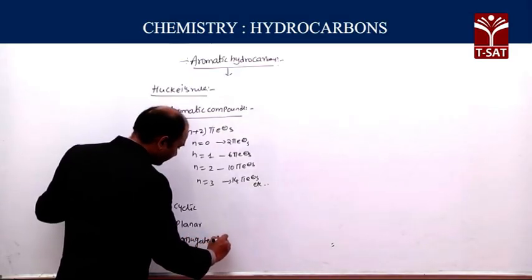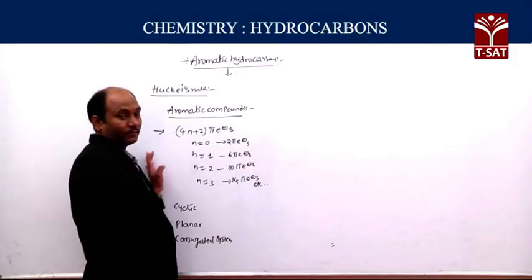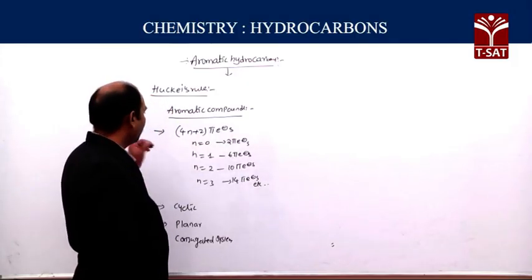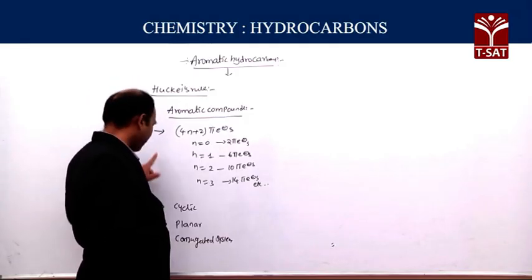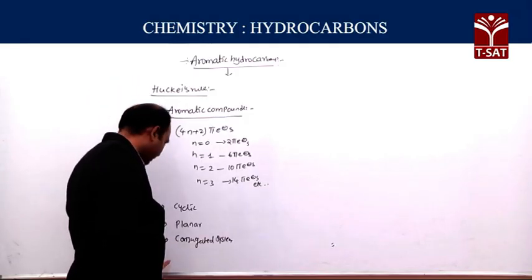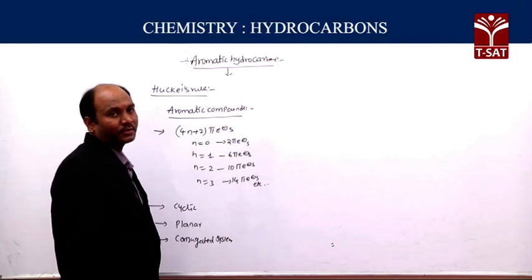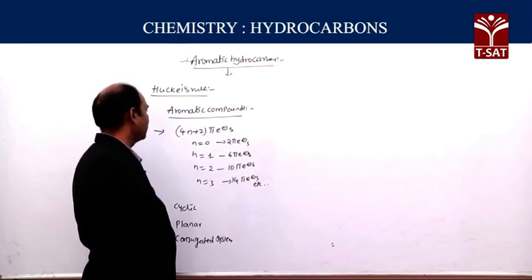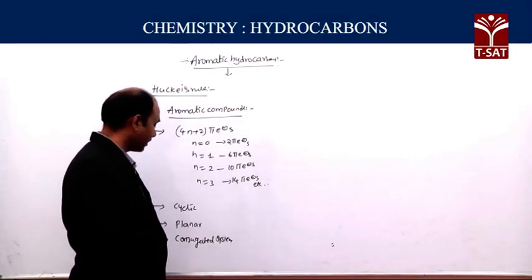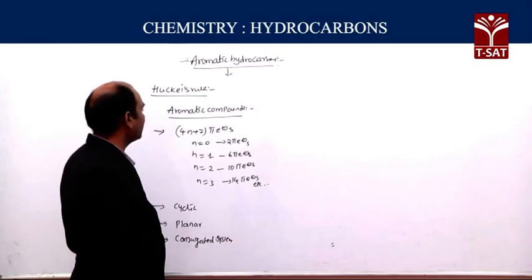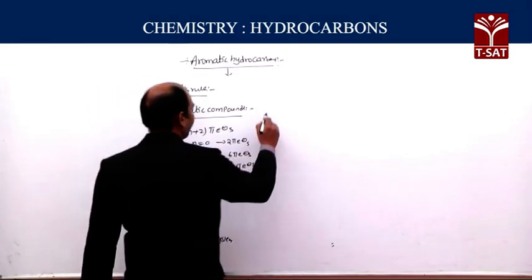Compounds which obey these rules, 4n plus 2 pi electrons, cyclic, planar and conjugated, are called aromatic compounds.